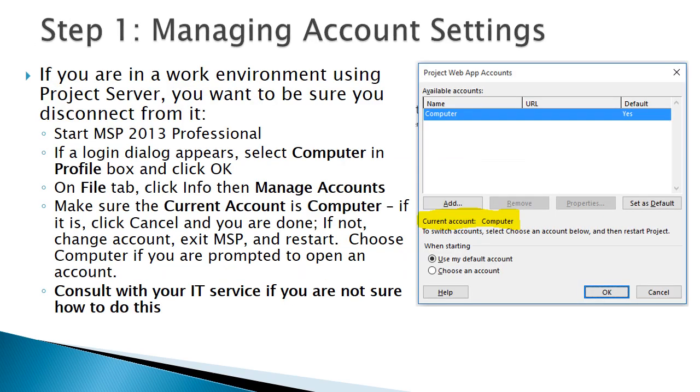Before we get started, if you are working in an environment including project server access, you want to be sure you do not publish your work in the optional content. Following the steps on this slide will make sure you are disconnected from project server while working on this content. Pause here if necessary and work on making the change before proceeding.